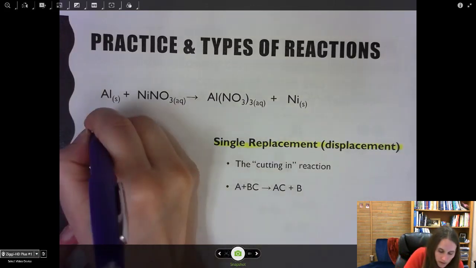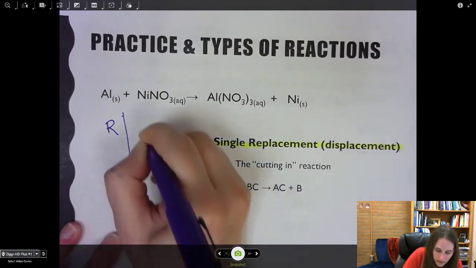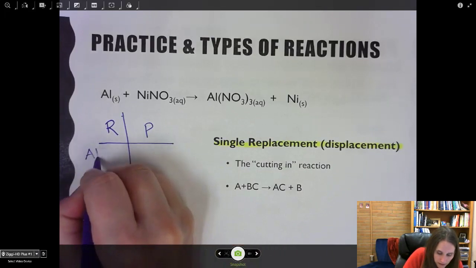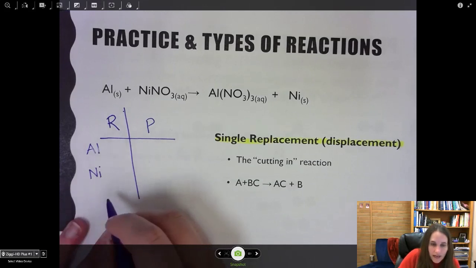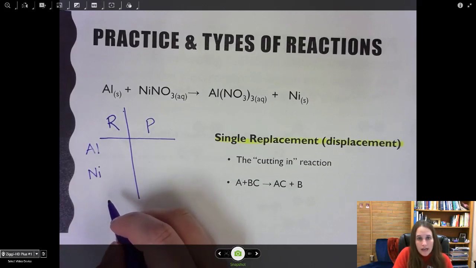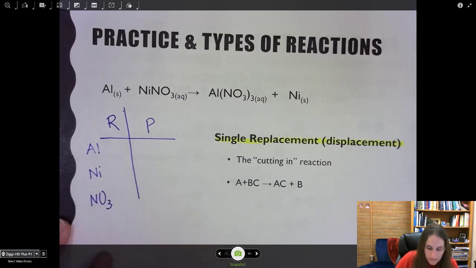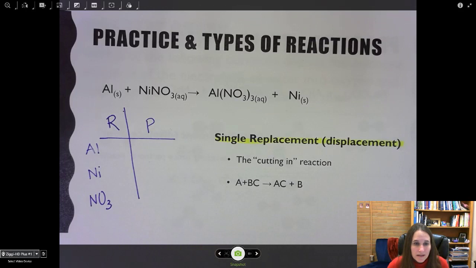So when I go to do my table, and I'm looking at my reactant side versus my product side, I'm going to keep track of aluminum, I'm going to keep track of nickel, and rather than saying now I'm going to keep track of nitrogen and now I'm going to keep track of oxygen, I'm going to keep track of nitrate. I'm going to keep track of it together because it stayed together, and that simplifies my process a little bit.